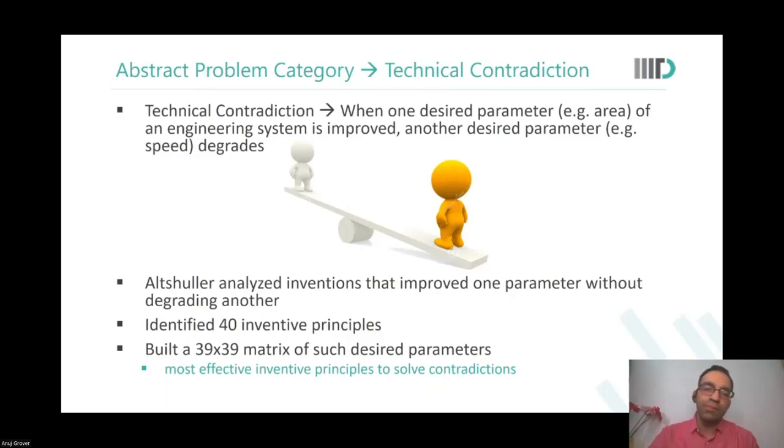So, do you remember a few inventive principles that we have talked about? Anyone? We talked about quite a few. Trimming? No. Trimming is a method, a tool. Trimming is not an inventive principle.